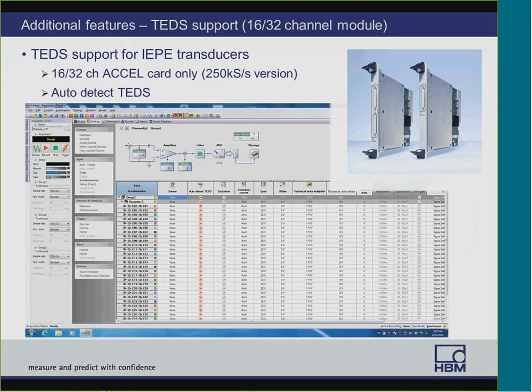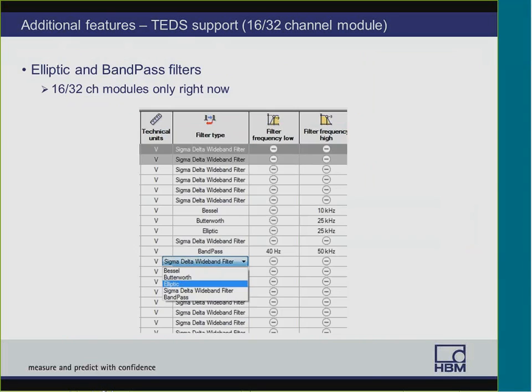In that module, Perception will detect when the sensor is connected, and it will automatically fill in the sensor information into the Perception settings sheet. As a customer request, we had someone who needed elliptic and bandpass filters, so those have been added to the 1632 channel modules and will be included in future modules as well.